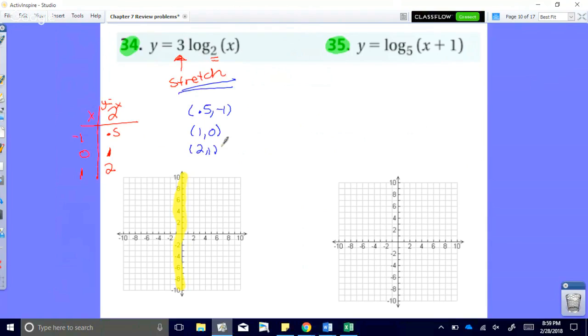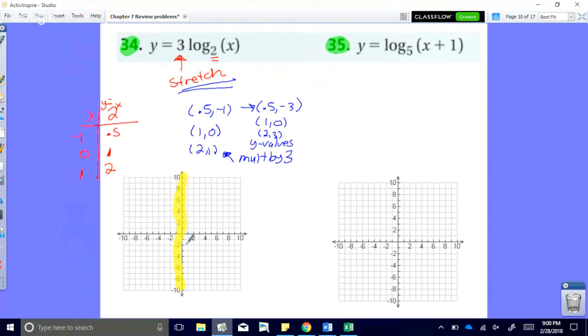But since we're stretching, we're going to multiply all of the y values by 3. So this becomes (0.5, -3), (1, 0), and lastly (2, 3).